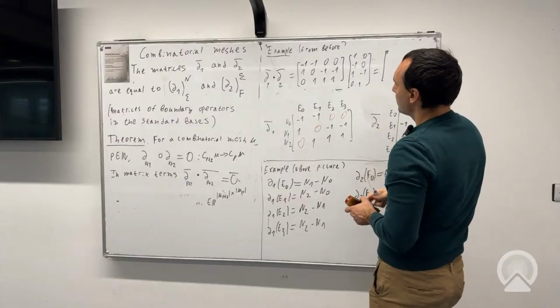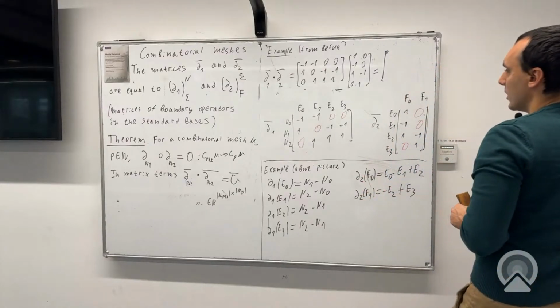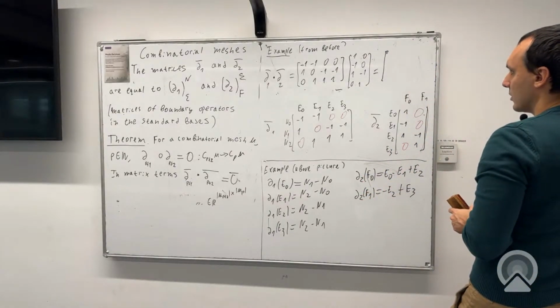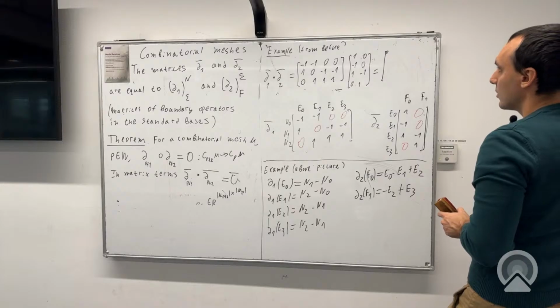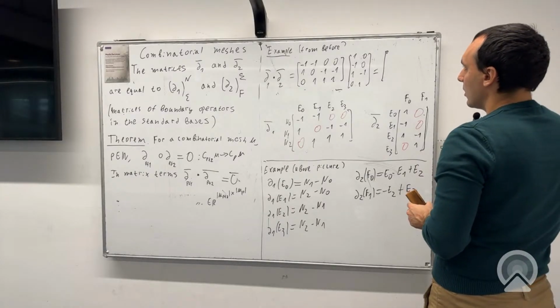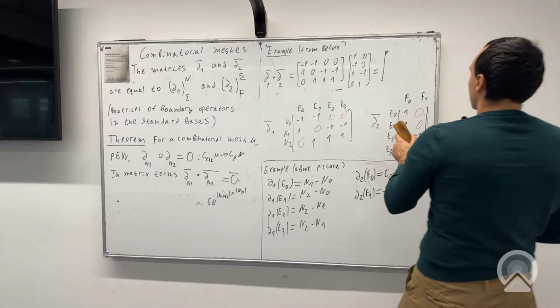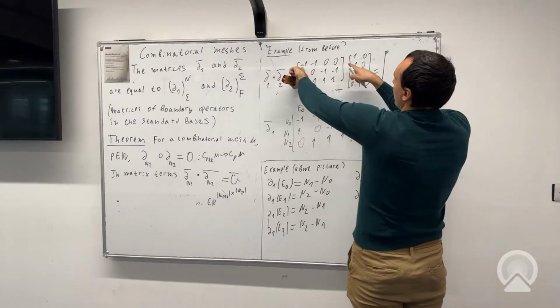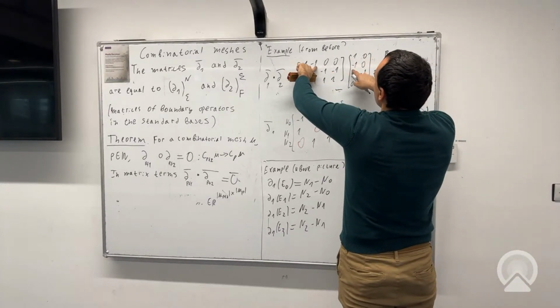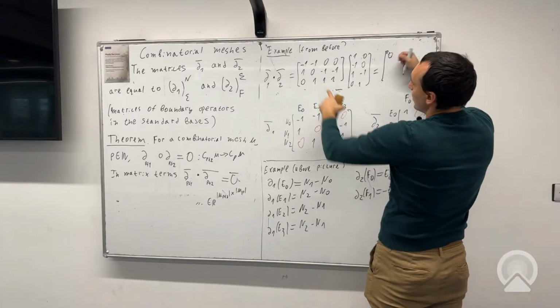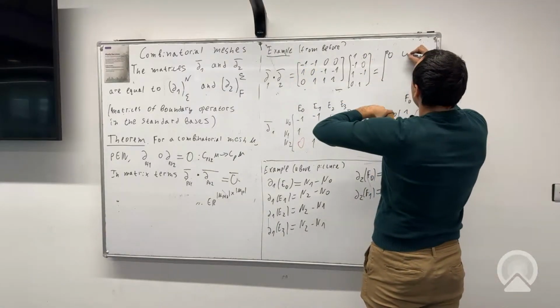And this should be 3 times 2, sorry. But we have minus 1, 1, and then minus 1, minus 1, so this is 0. The second is zeros everywhere.